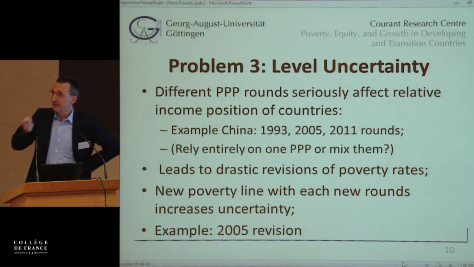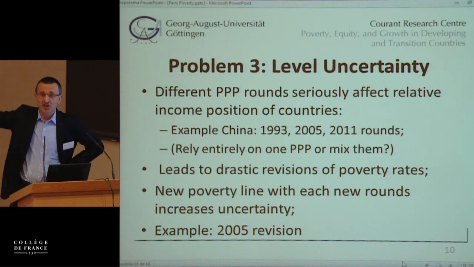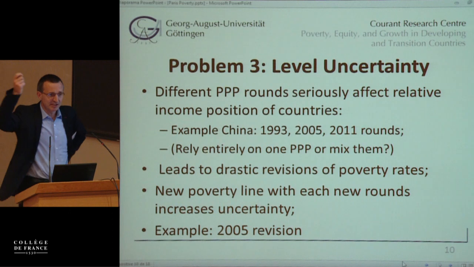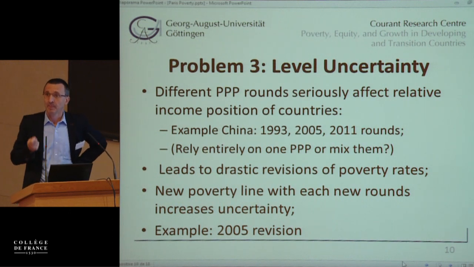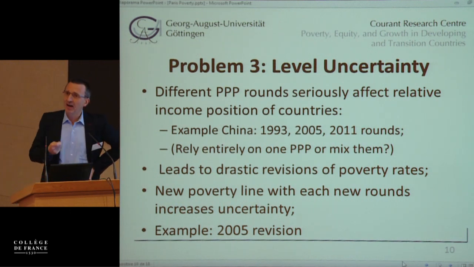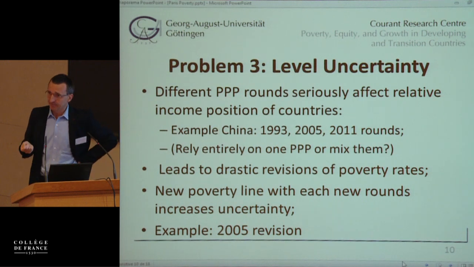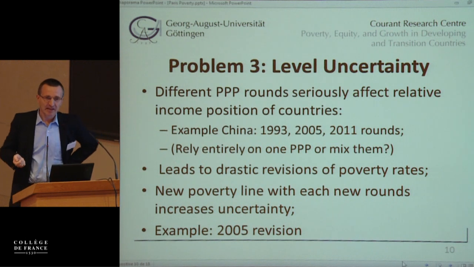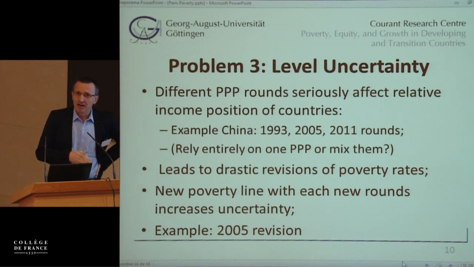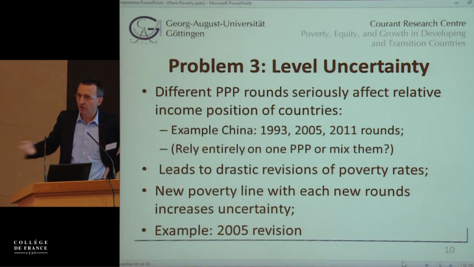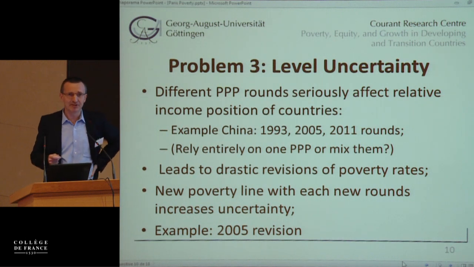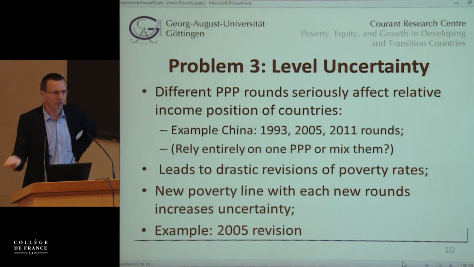So basically these PPP rounds have shifted the relative prosperity of countries around a lot. And it's very hard to interpret that. Is it simply mistakes, that one round is better than the other? Is it that relative prices have shifted over time in a way that favors the goods consumed in China, one way or another?